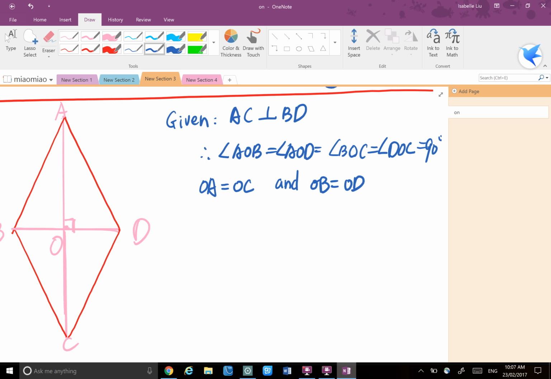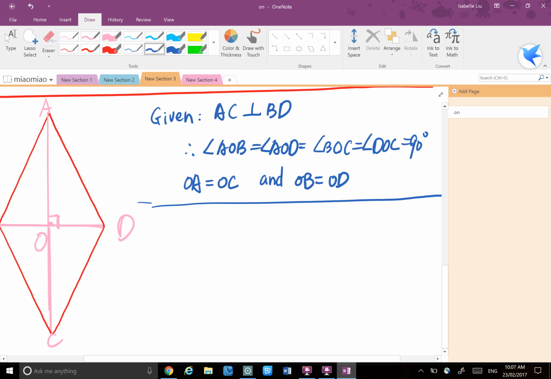Can you see four triangles here? OAB, OAD, OBC, and OCD. They are all right angle triangles. So let's prove that.